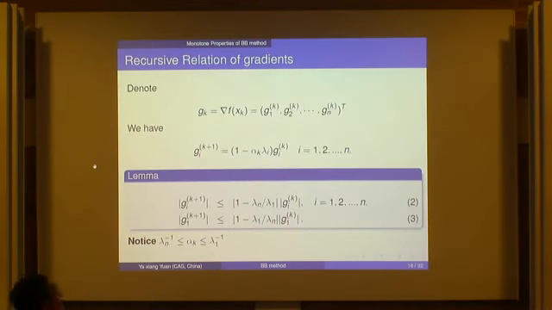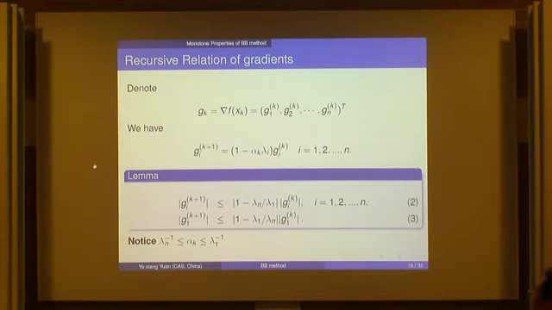In that case, we are able to write down the recursive relation between the gradients. The gradient has n components, and each component has its own iteration form.